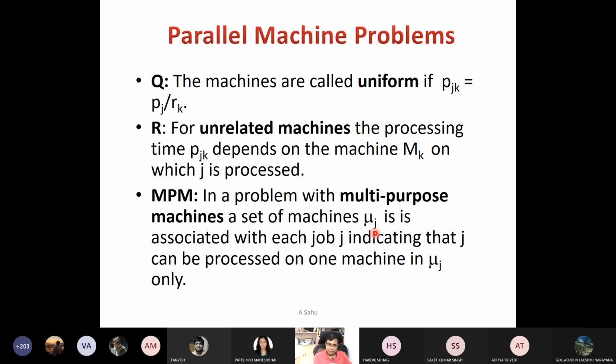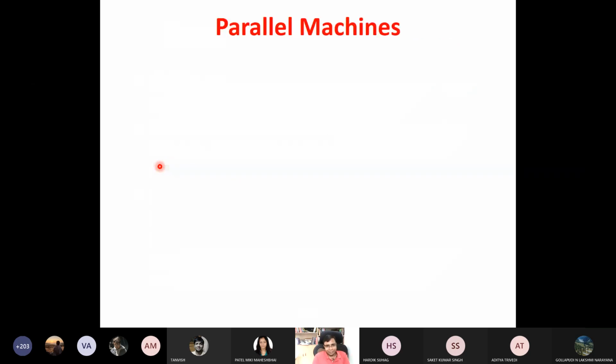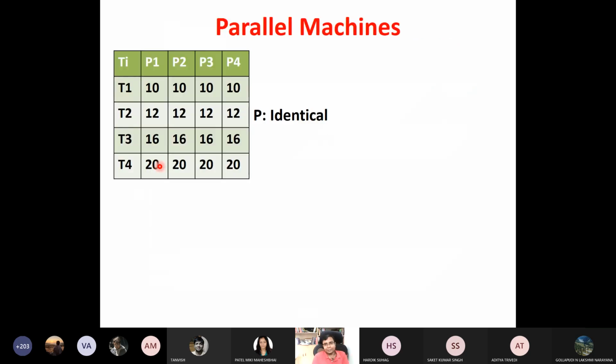A set of machines mu J is associated with the job, indicating that J can be processed only on one machine in mu J. We will not consider this now, but we'll look at P, Q, R with examples, so that we can understand them very nicely.